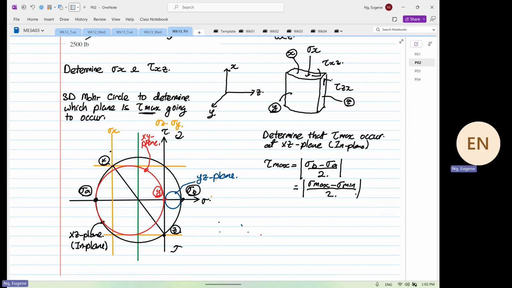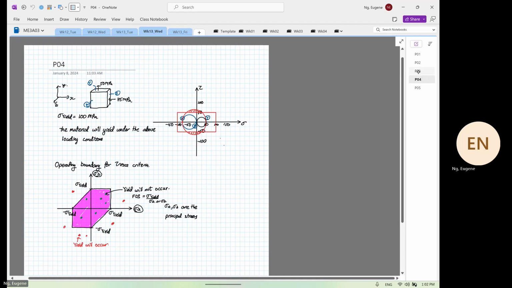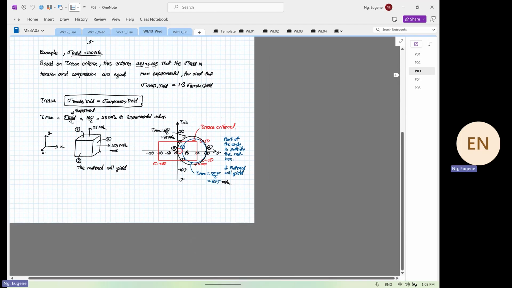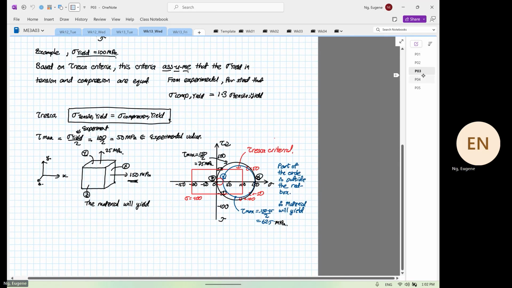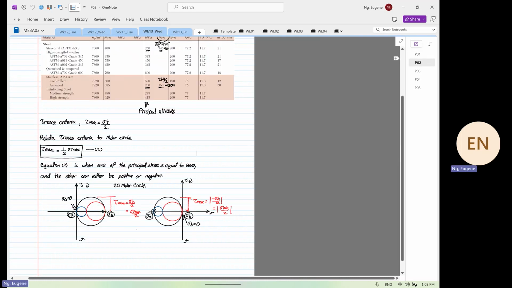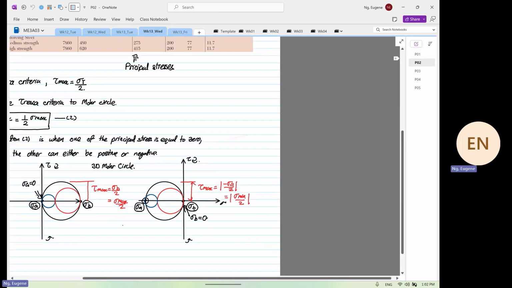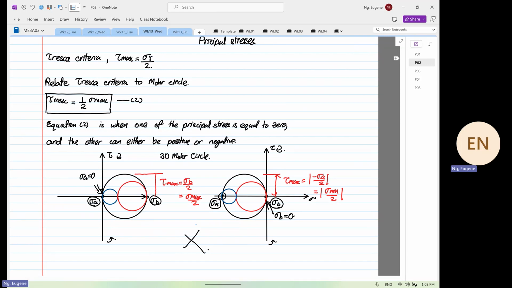So if we were to recall the lecture on Wednesday, remember, there are 2 conditions on Tresca, yes or no? So we have just satisfied, right? We just found out that our 3D Mohr circle is not in this configuration, yes or no?